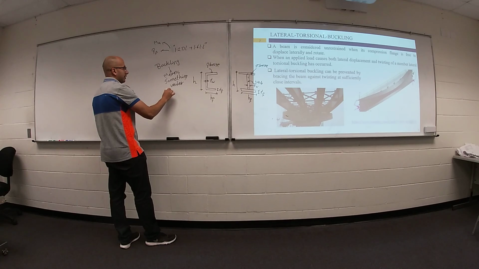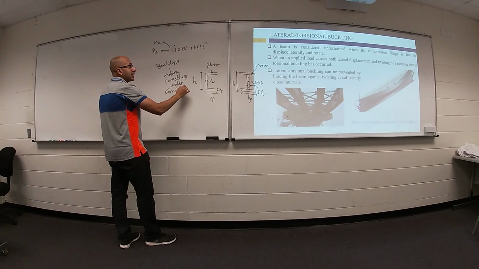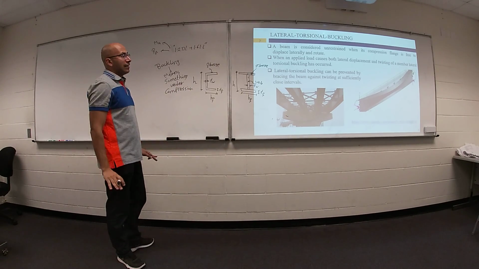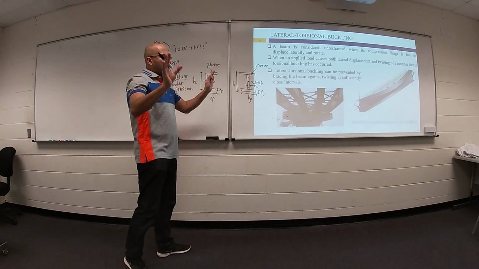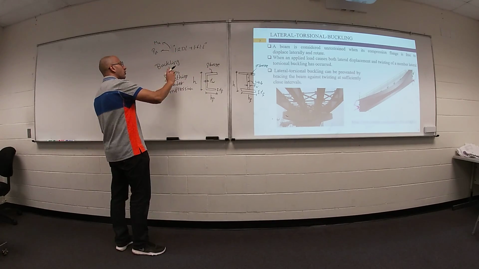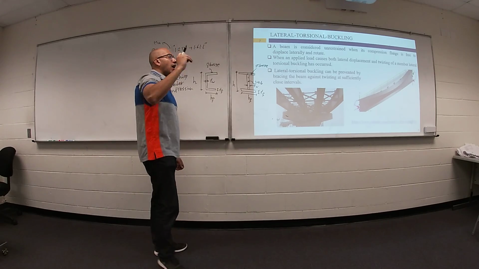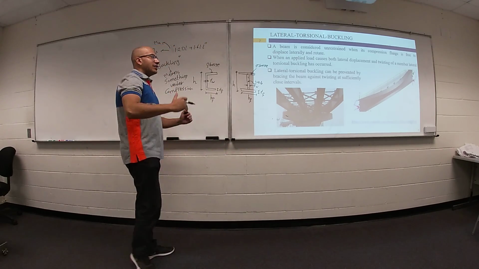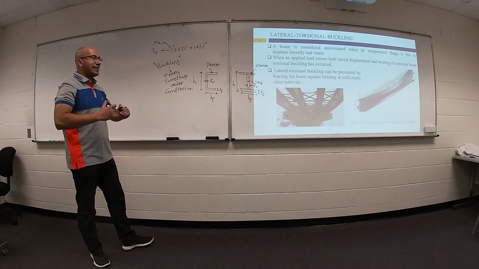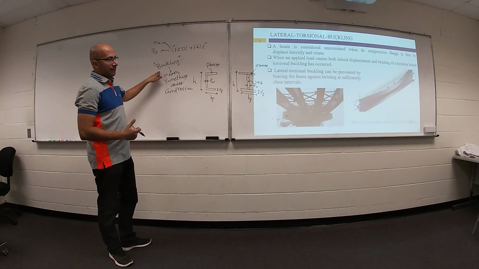Compression, perfect. So if you are talking about concrete or steel, what type of material, I don't care. If you are talking about something called buckling, it means something under compression. So this part which is under compression is expected to buckle.